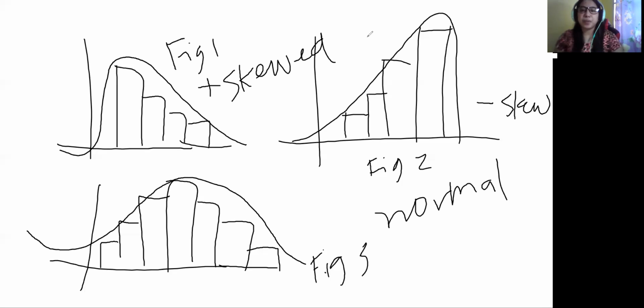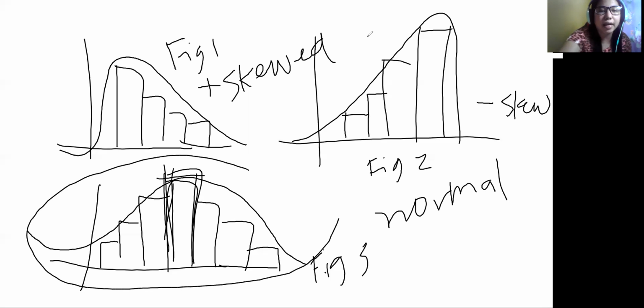So in a normal curve, we have one highest frequency. So we have here one highest histogram. So if the graph looks like this, our histogram looks like this, then we can say that the data is normally distributed.